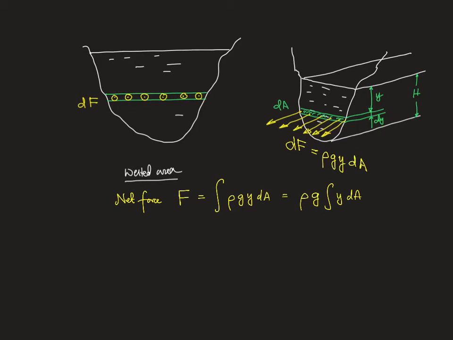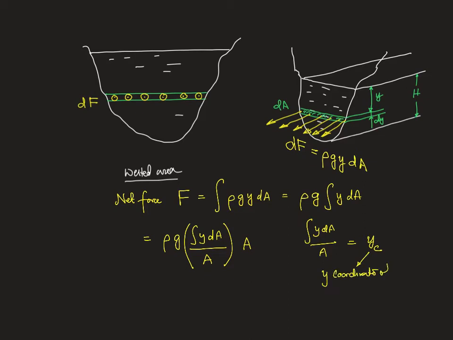Now that's equal to rho g integral y dA divided by A and again multiplied by A. So integral y dA divided by A is yc. C for centroid. So that's the y coordinate of the centroid of the wetted area.